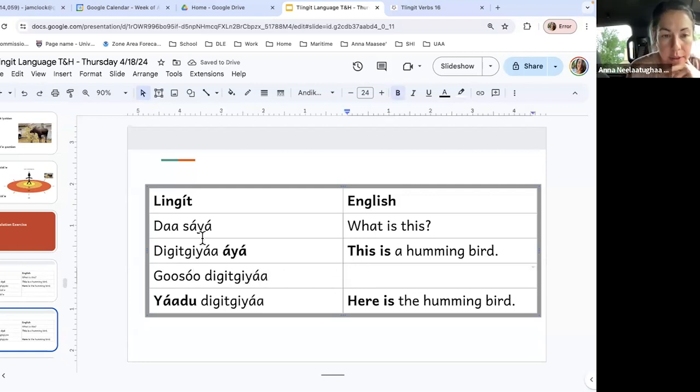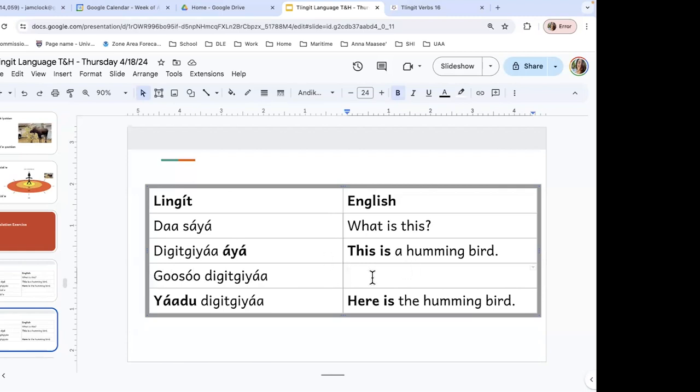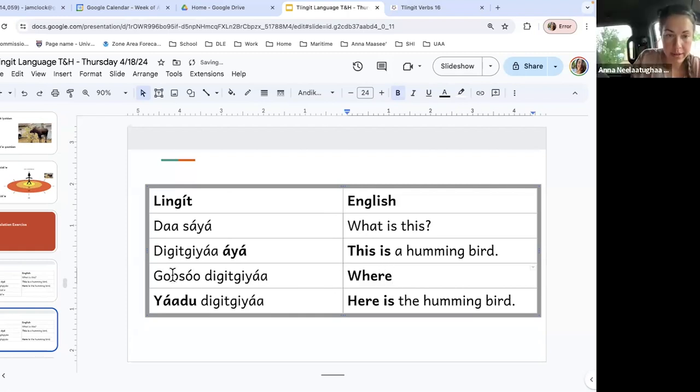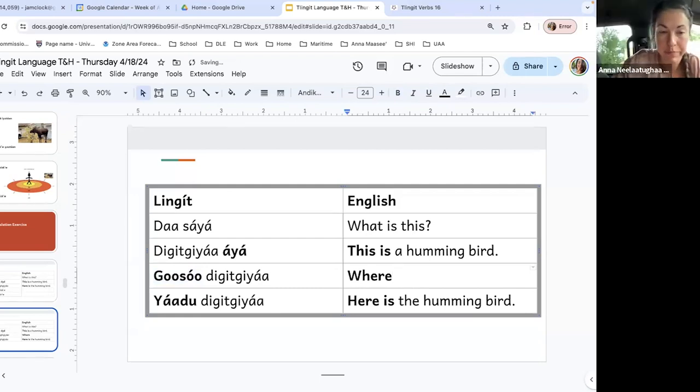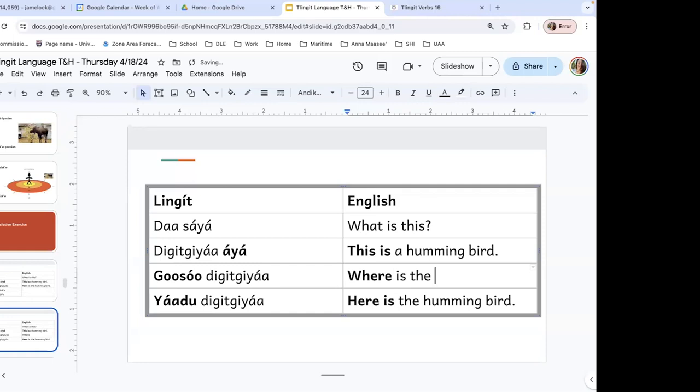Okay, so in our first one, we asked dasaya, and that means what is this? What does this question mean? Gusu? Where? Yeah. And then, so what does this mean? Gusu digitkiya. Where's the hummingbird? Yeah.